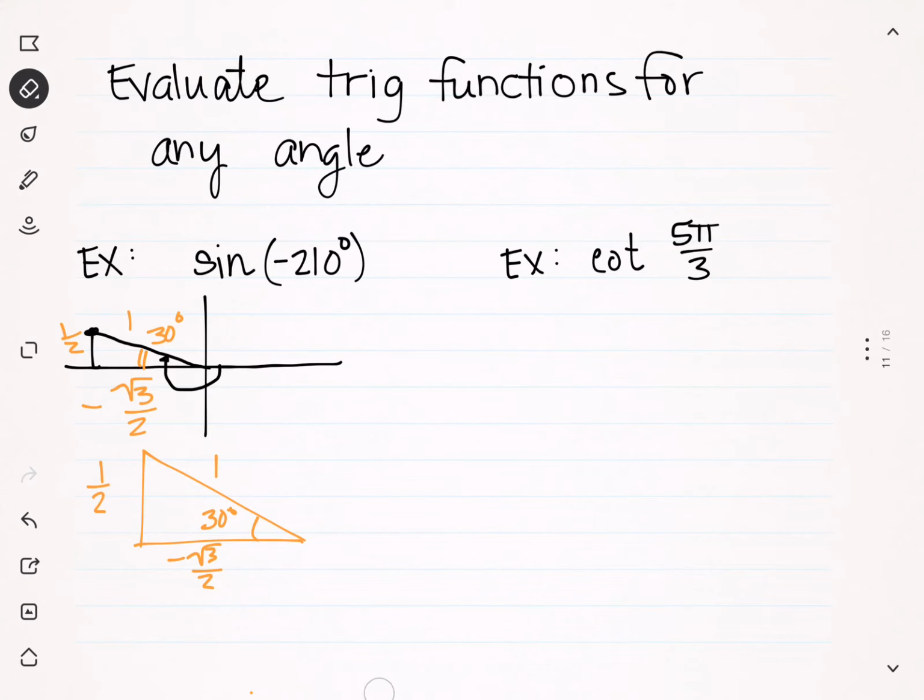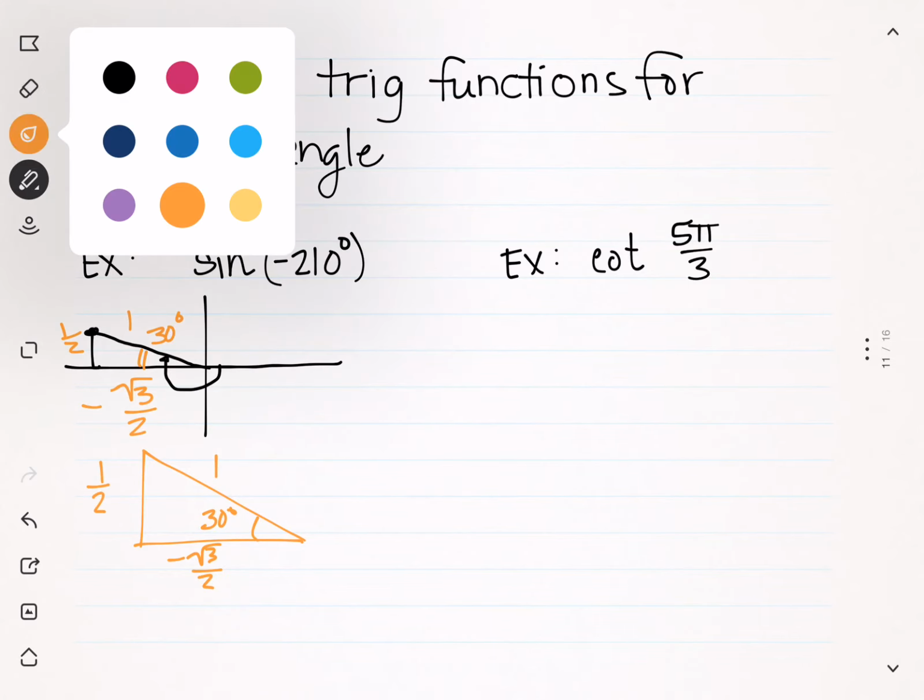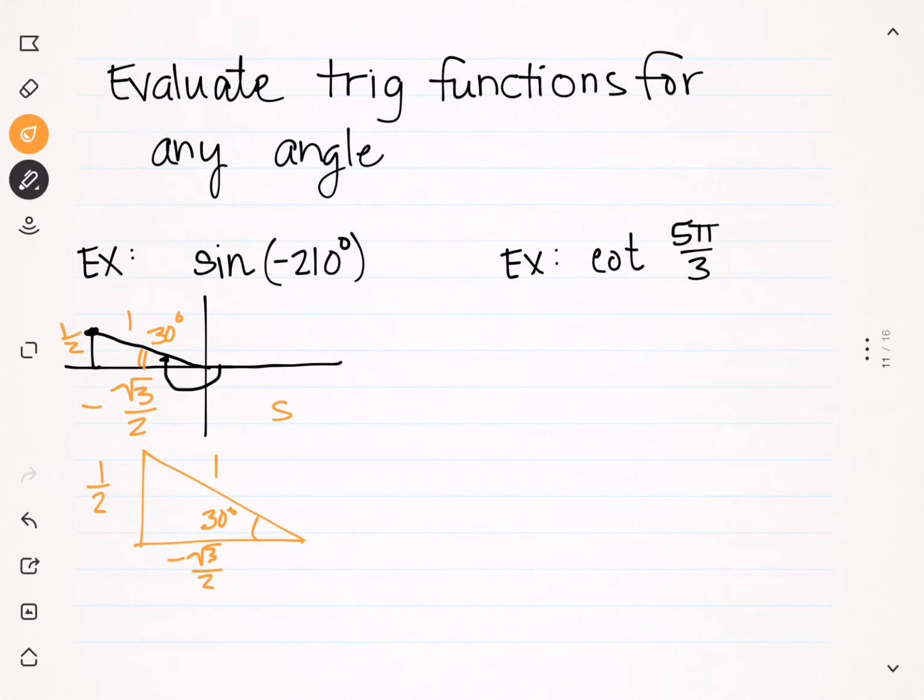The sine is the ratio of the y value, or our vertical distance, over the radius of our circle, or the hypotenuse there. So we have 1/2 divided by 1, which simplifies to 1/2.